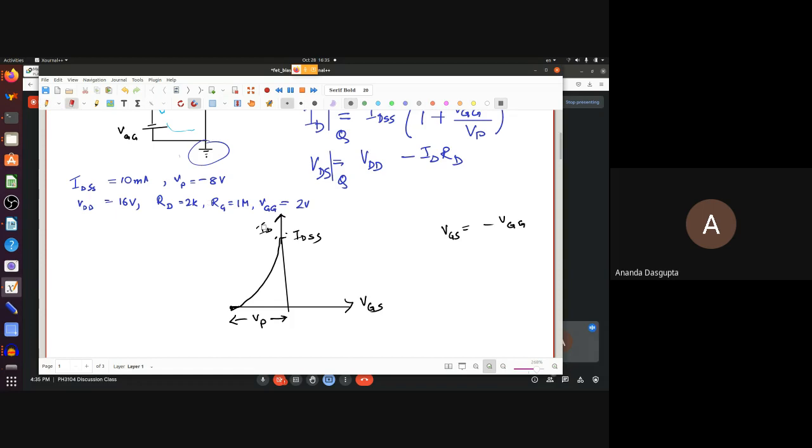I already have one curve. Of course, if I get another curve from this, where the curves intersect, that will give me the quiescent point values. Anybody? What does this equation look like when you graph it on the ID versus VGS graph?